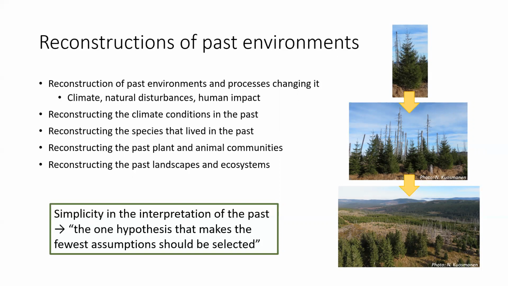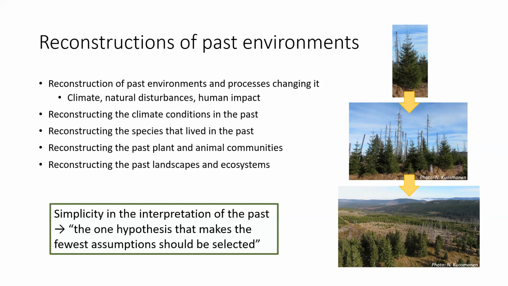For example, if we were doing a climate reconstruction, we would know that a species exists in a certain climatic envelope. Then we would make the assumption based on what we know, and not include any complicated processes.